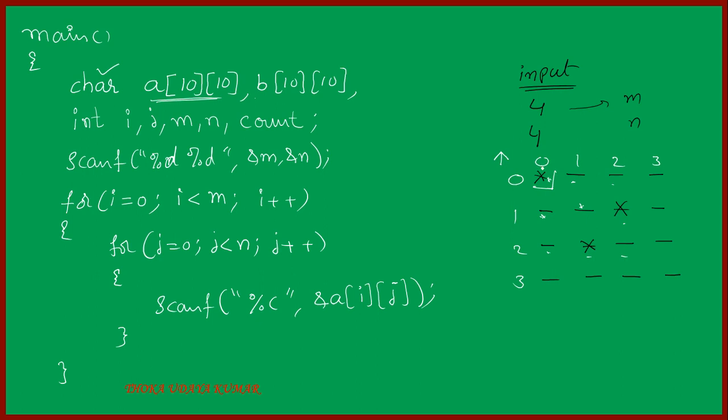And if the column number is 0, I will not check for any columns before it, because the column itself is 0. So this has to be remembered. That's it, right? Fine. So what are the conditions you have to make here?